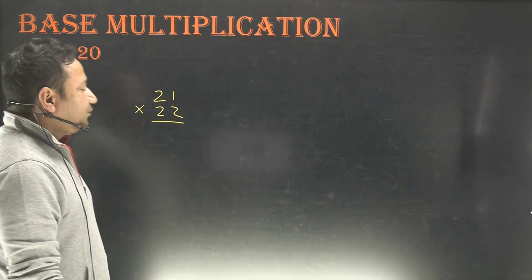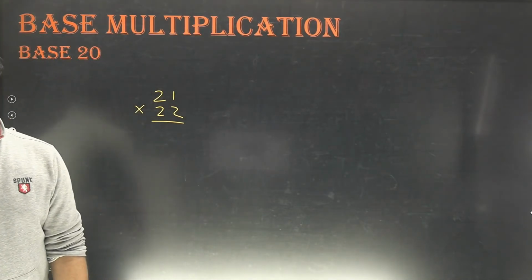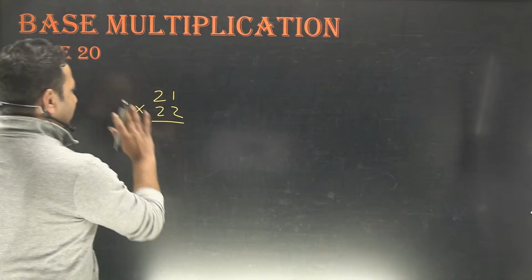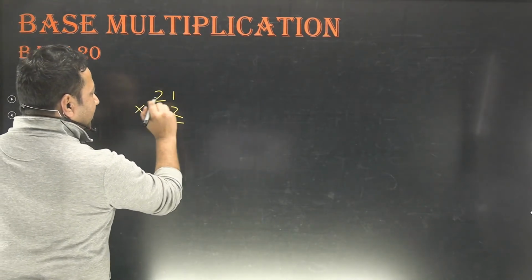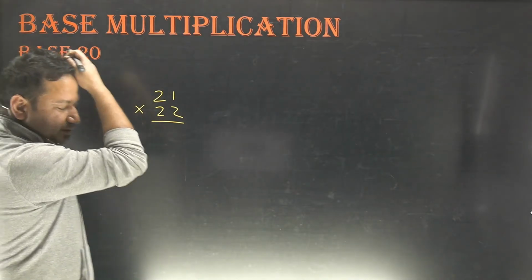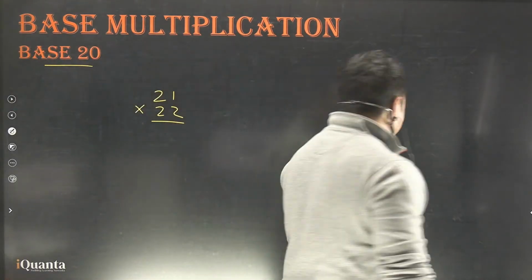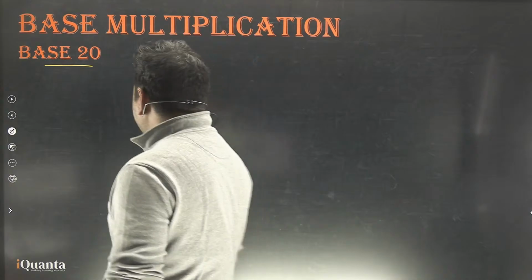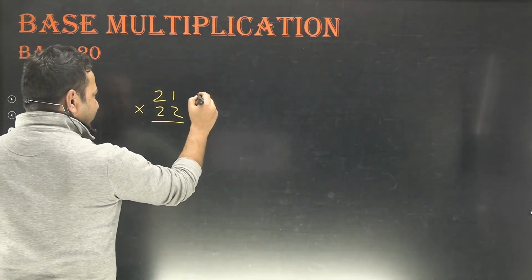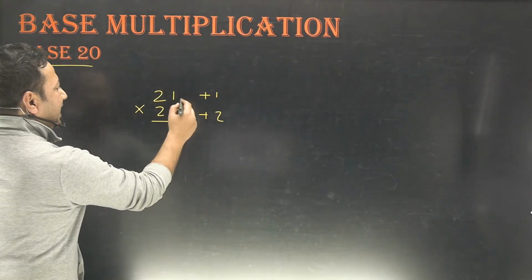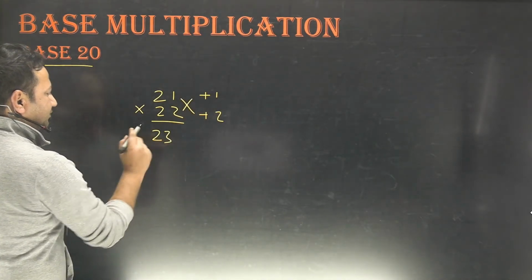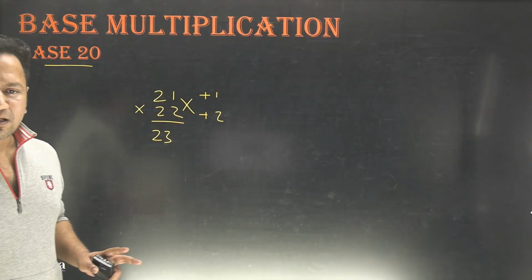Look at this now. Jayant, no. 232 is not the answer. Everybody pay attention. The base is 20. These numbers are close to 20. 21 is 1 more than 20, I'll write plus 1. 22 is 2 more than 20, I'll write plus 2 here. If I add them, I'll get 23, right? This way is never going to change.